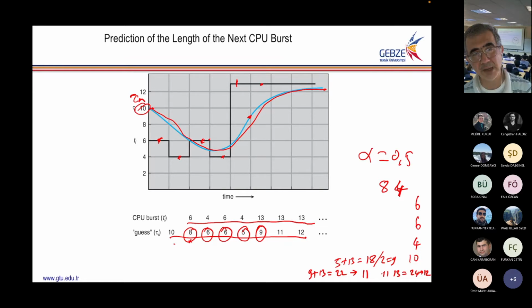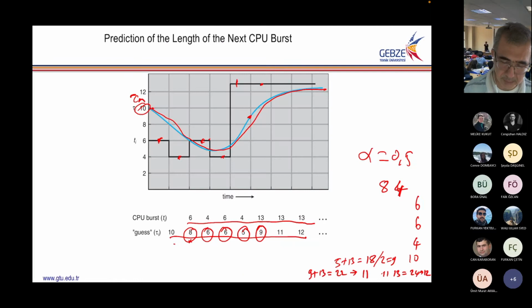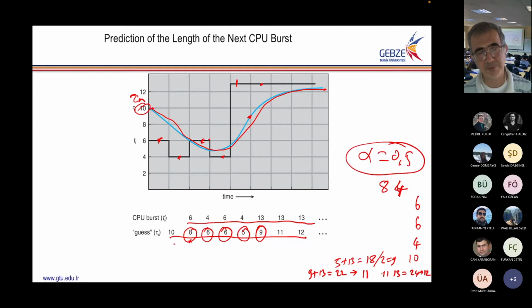So it is a kind of running average. It is a running average, and it is affected by the previous values. It stores the history of the values, but it is mostly affected by recent ones. Half of it is affected by the previous value.